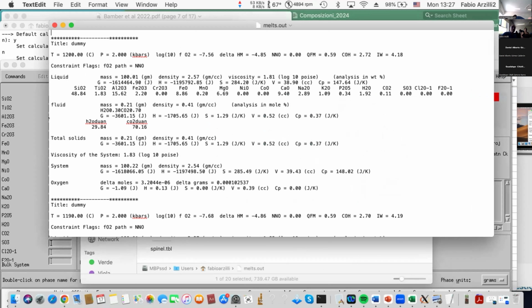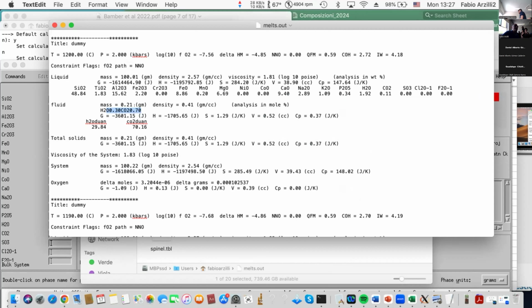So now we have a fluid phase because we put too much CO2. Here you have the proportion of water and CO2 released into the fluid. Basically, the fluid represents bubbles, the gas exhaled from the liquid.